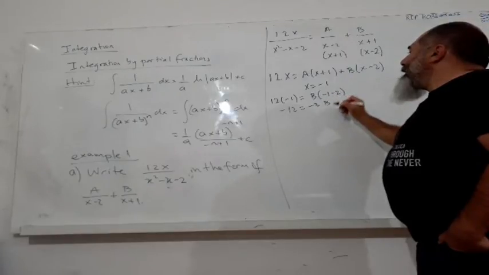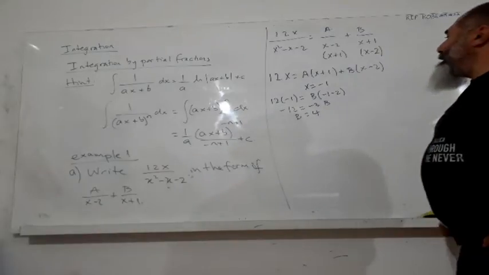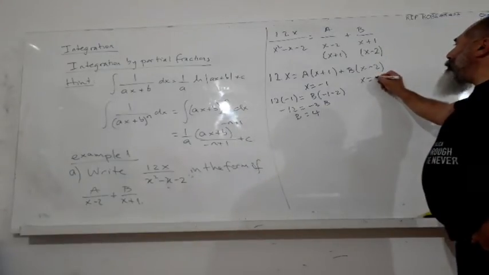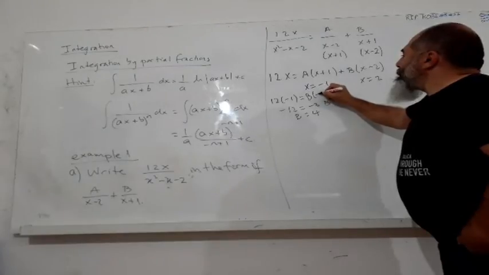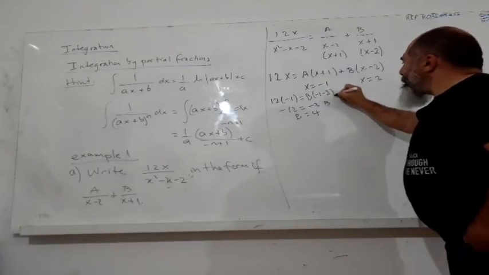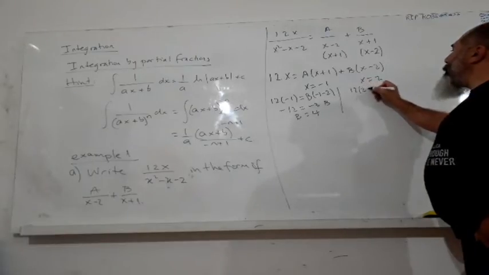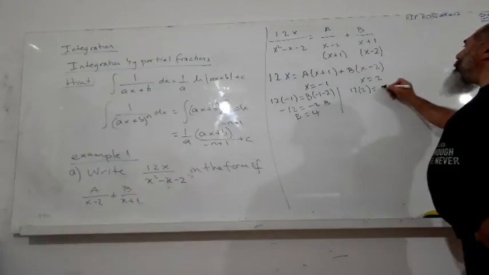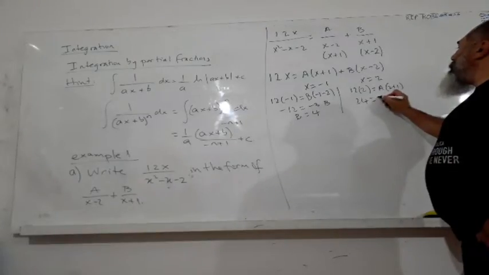Then we say that x is equal to 2. When x is equal to 2, 12 times 2 is equal to a times (2 plus 1). 24 is equal to 3a, so a is equal to 8.